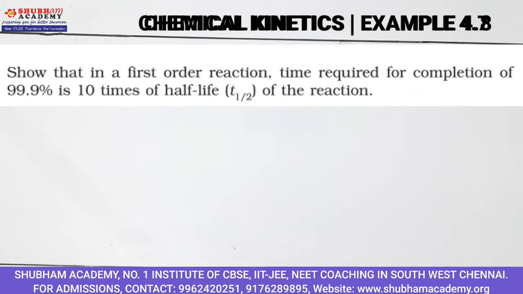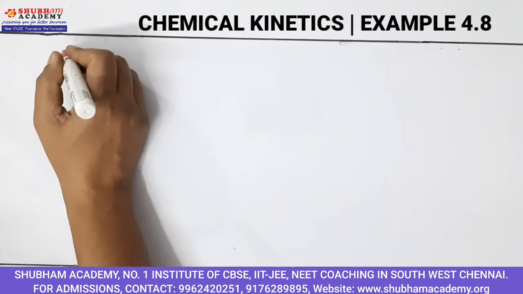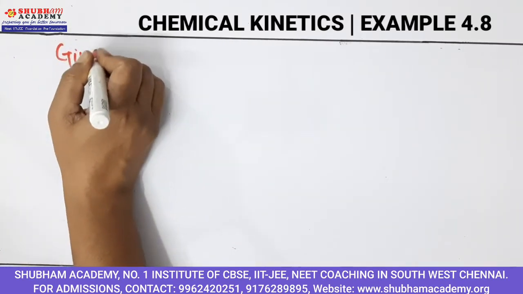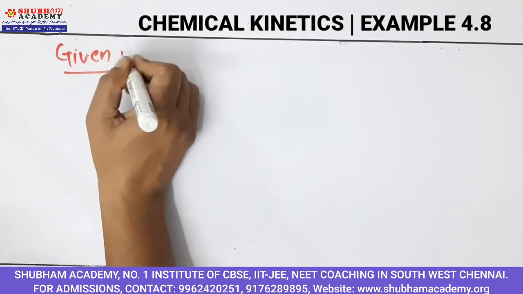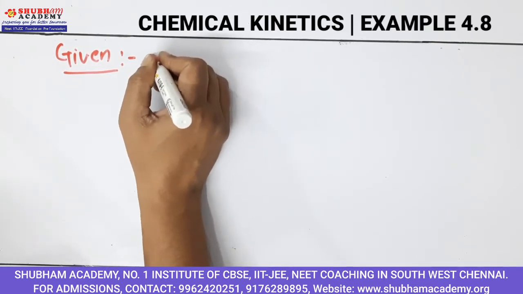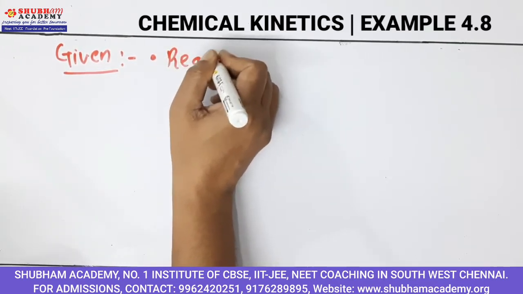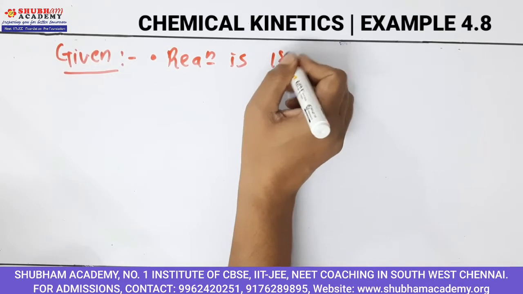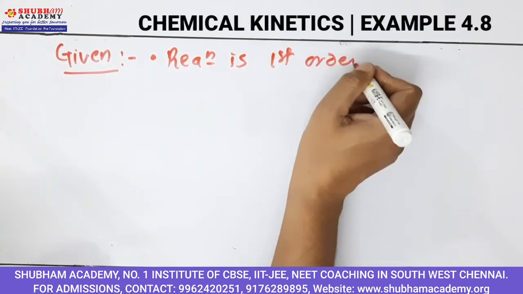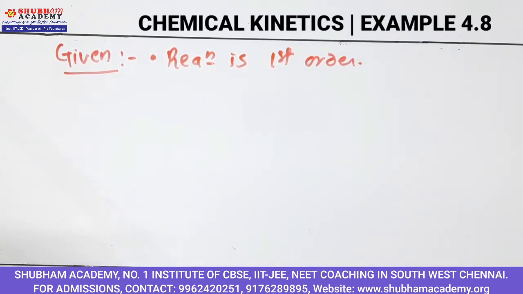We are solving example 4.8 of chapter chemical kinetics. So as you can see the question, the given part in the question is that the reaction is first order, right?